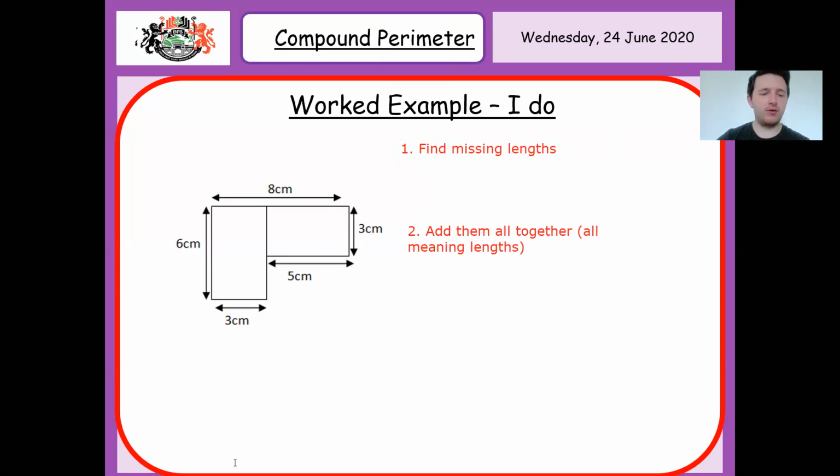So I'll use the pen tool for this. If we tick them off as we go, we've got 8, do this as neatly as I can. Tick that off. Plus 3. Tick that one off. Plus 5. Tick that one. That was a weird tick. Plus 3.